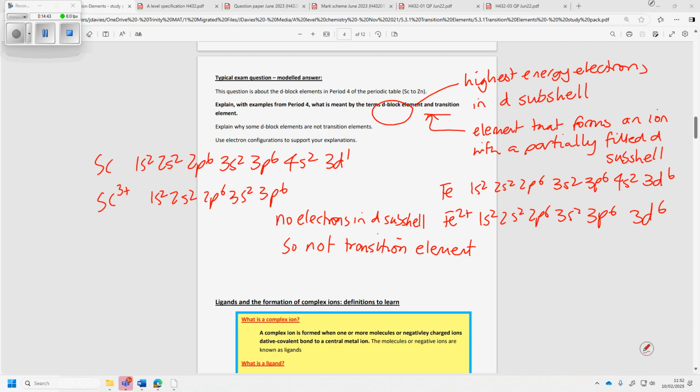It's an empty D subshell. Remember, when we think about the definition of a transition element, what we're interested in is partially filled D subshells. If there are no electrons in it, it's not partially filled. If it's complete, it's filled, well, it's not partially filled then, is it? So scandium and zinc are not transition elements, but they are D-block elements because the atom has electrons in the D subshell.